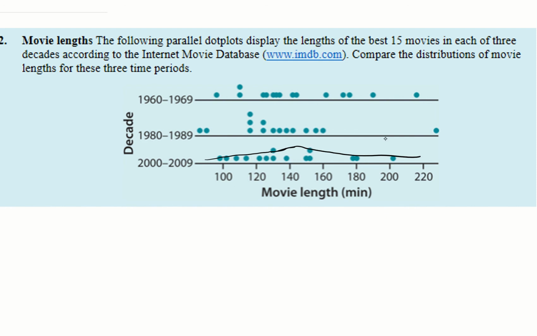And then if you were to draw this one, the center is roughly around here. And then for this other one, the center is roughly around here. So it looks like the one that has the highest center is the recent decade. Okay, so on average, it looks like the movie length is highest for the recent decade.